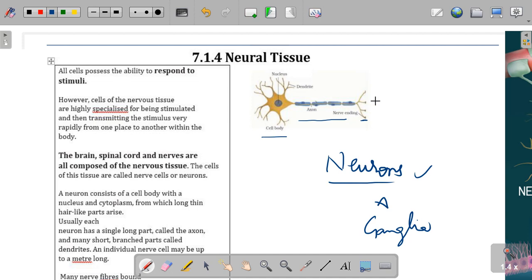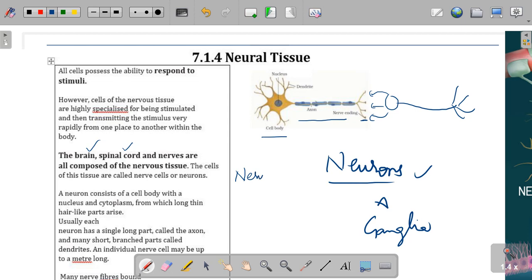That means the dendrites of the next neuron are connected to the nerve endings of the previous neuron, and they have an axon and the nerve endings. So they're continuously attached all the way from central nervous system. Central nervous system is nothing but brain and spinal cord. So what they do, they carry the nerve impulse.